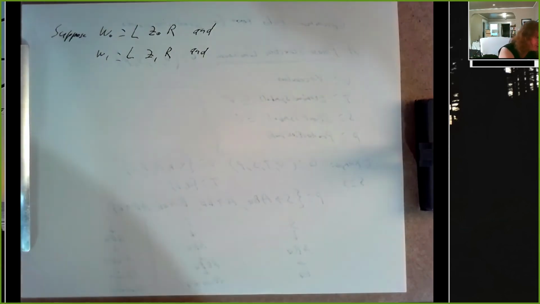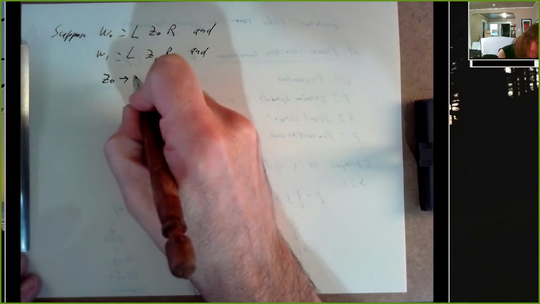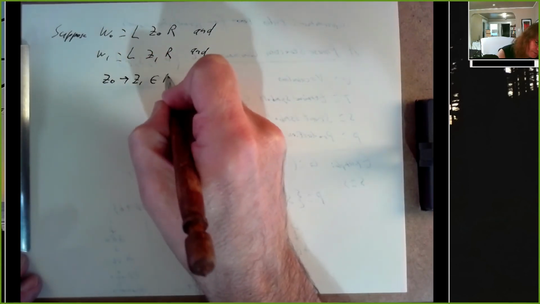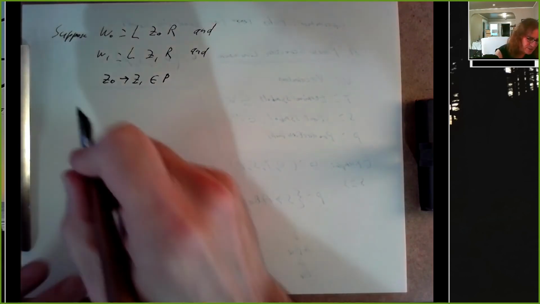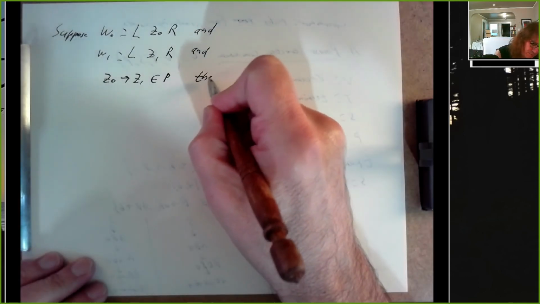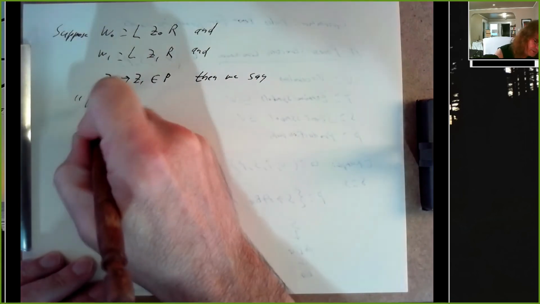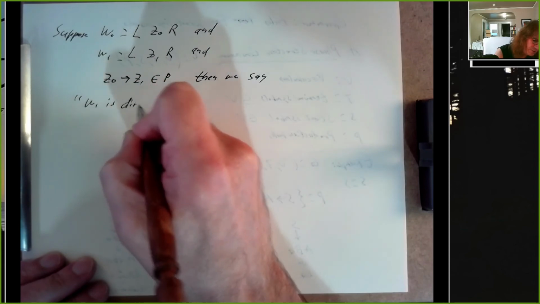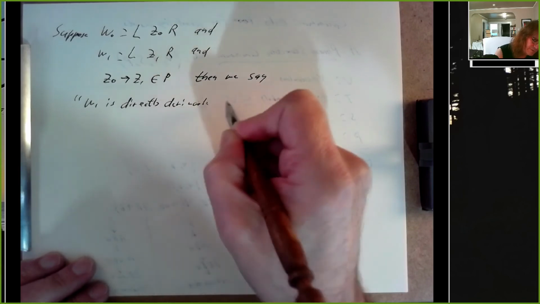And suppose that there is a rule which says Z0 can be replaced with Z1. Suppose that's in our set of production rules. Okay, if these things are true, then we have the following terminology. We say W1 is directly derivable from W0.